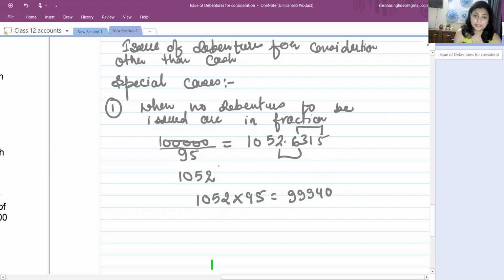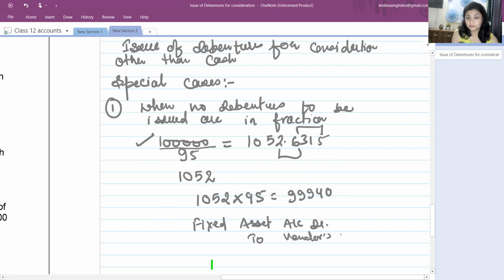Okay, so let me pass the entry and explain it to you. Then we will do one question. Let's say we bought this 1 lakh rupees fixed asset. So the first entry is going to be fixed asset account debit to vendor account for 1 lakh rupees.